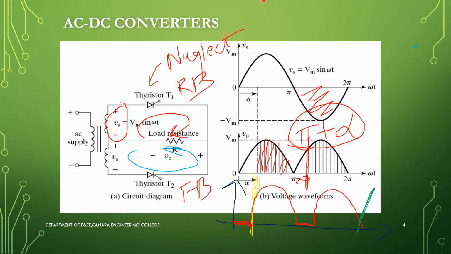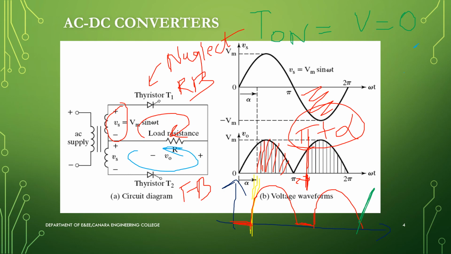You can neglect it for theoretical purposes. And note a point that for a circuit of this kind, when the thyristor is on, the voltage across it we take as almost negligible, which is 0.